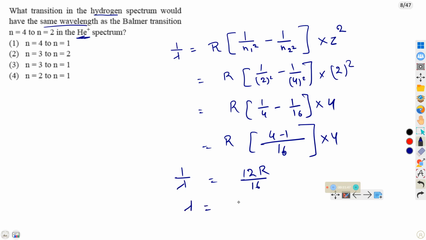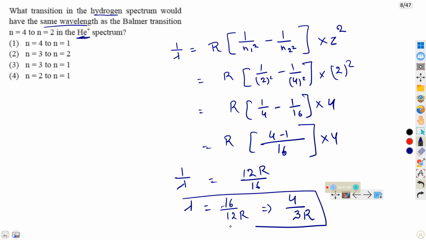Lambda value is 16 by 12R. Simplify, 4 by 3R. This is the lambda value.